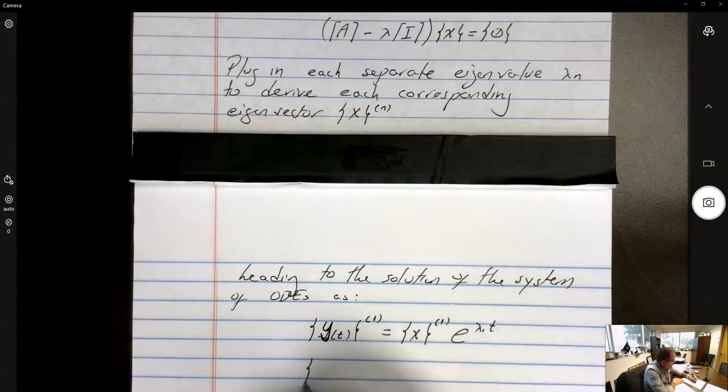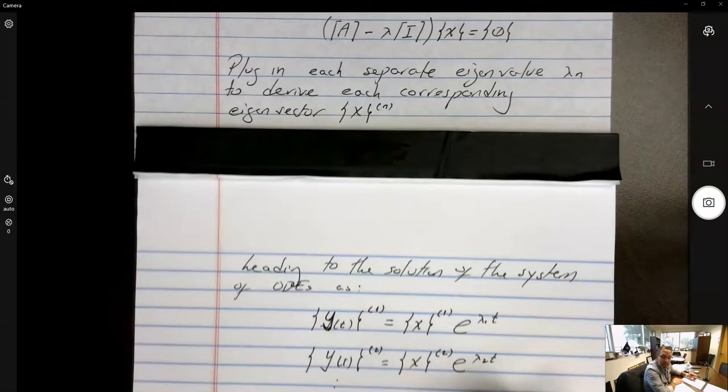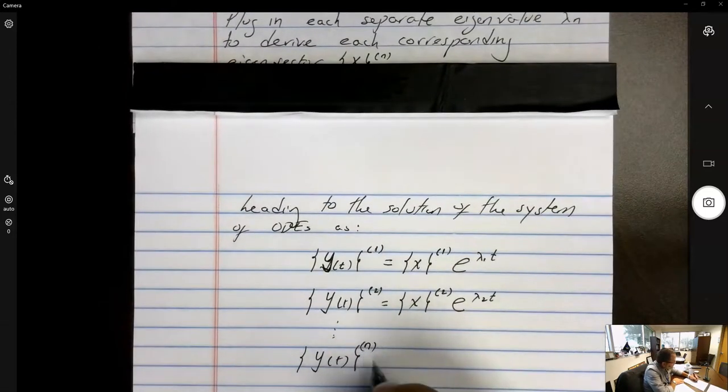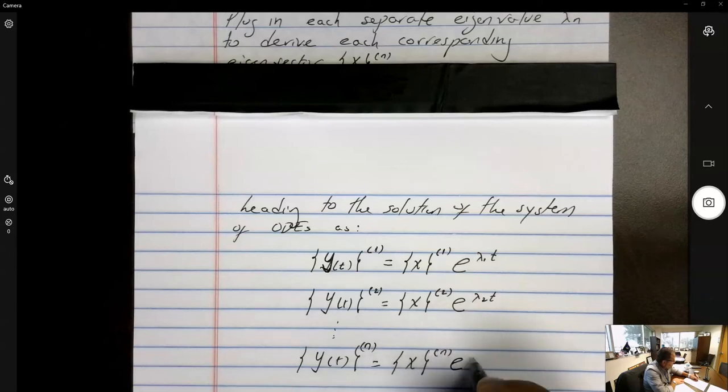We have a set of possible solutions, y2, which is the second eigenvector times e to the lambda 2 t, and all the way to an nth possible solution, which is the nth eigenvector times e to the nth eigenvalue times t.